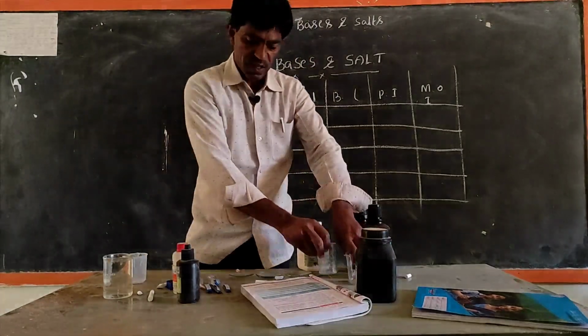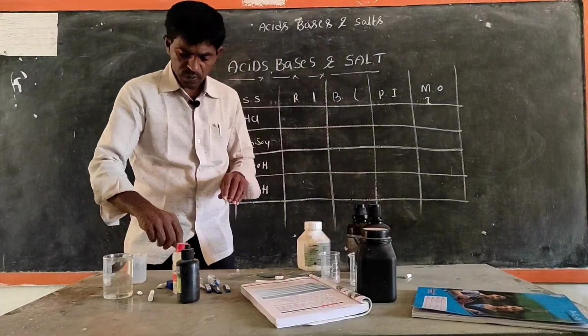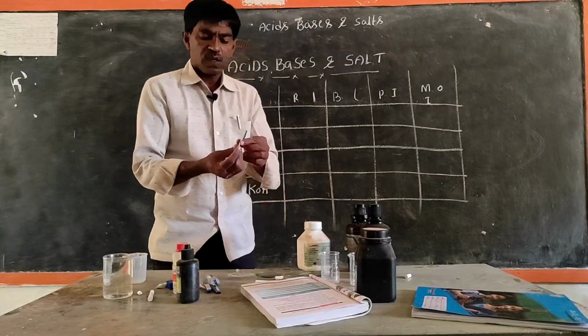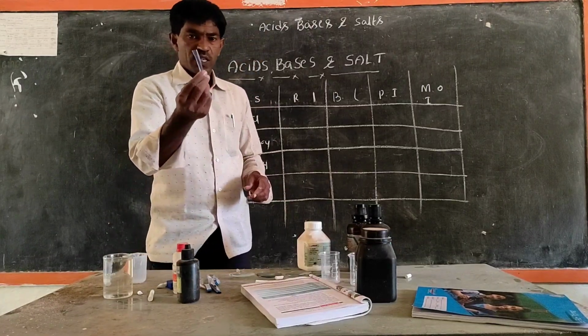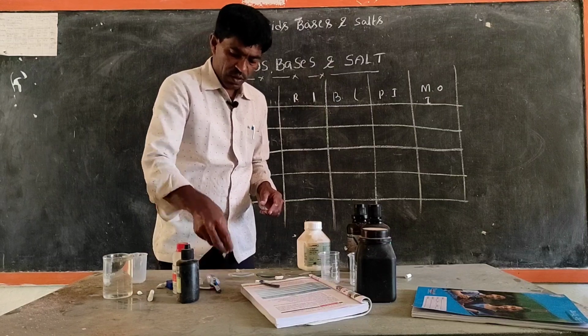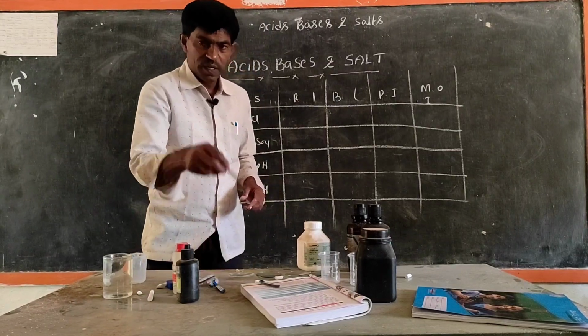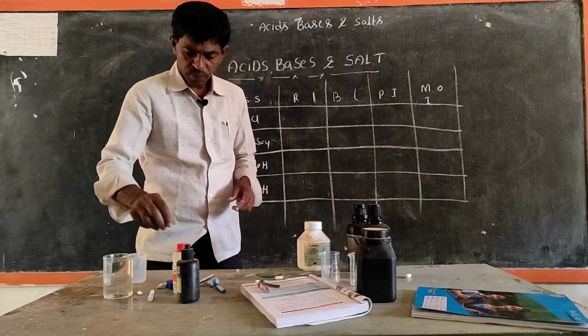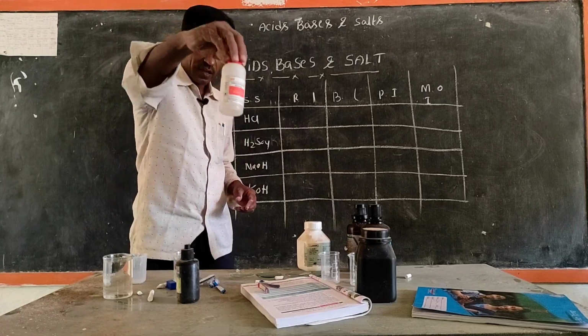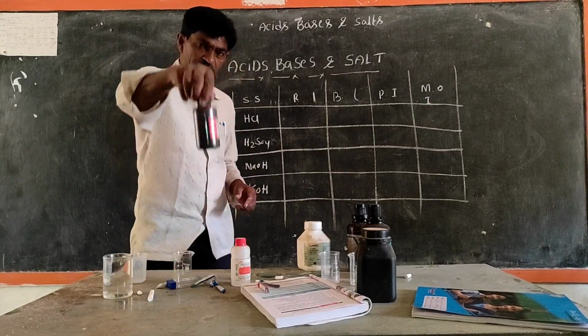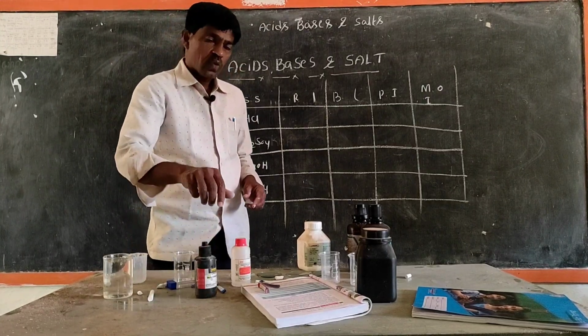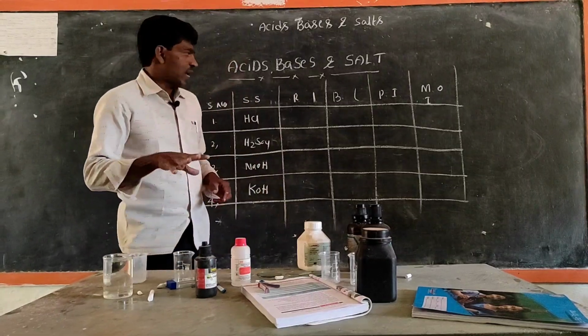These are the beakers. We take the indicators: the blue litmus paper, the red litmus paper, phenolphthalein indicator, and methyl orange indicator. We conduct a lab activity.